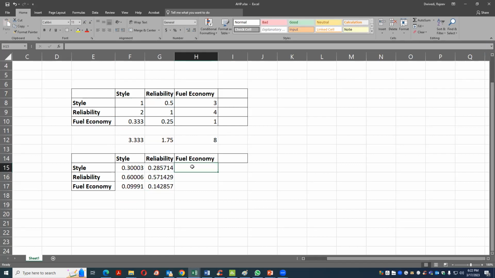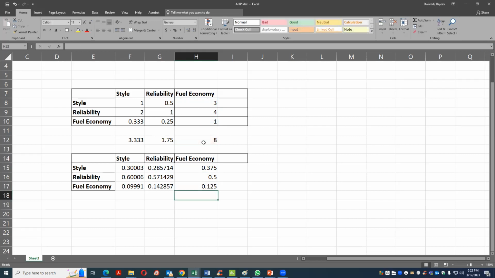Similarly, I do for the third column. This divided by 8. This divided by 8. And another thing, 1 divided by 8.